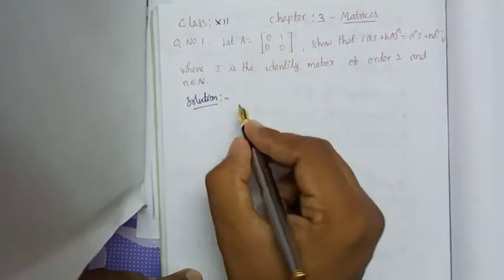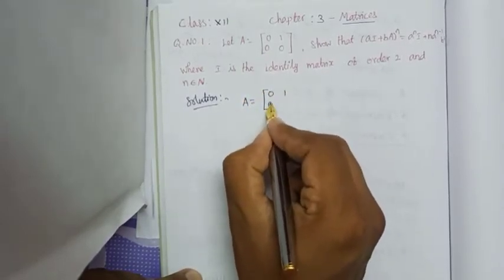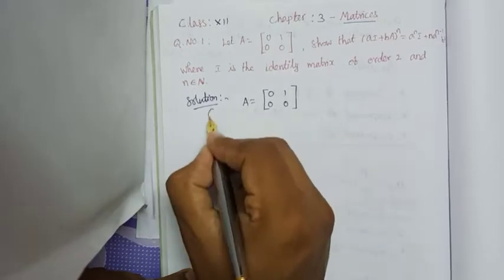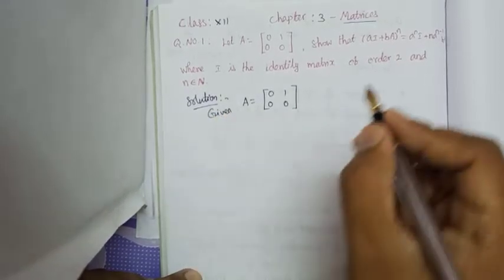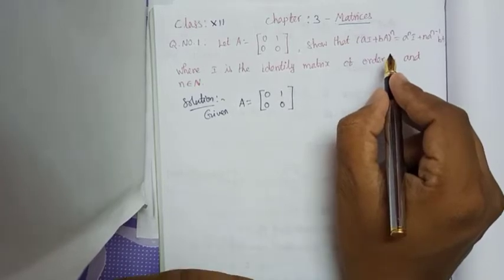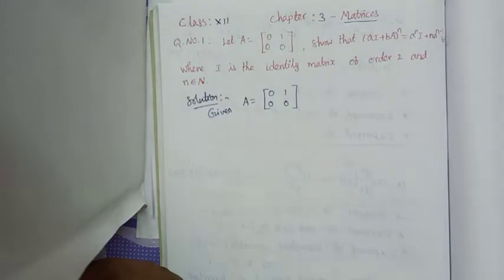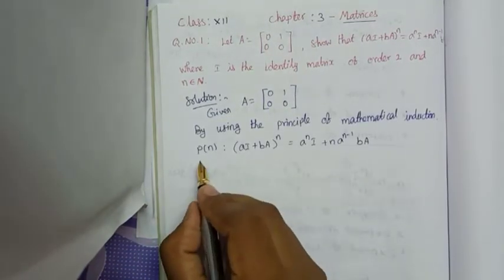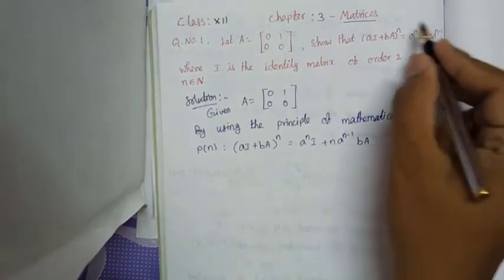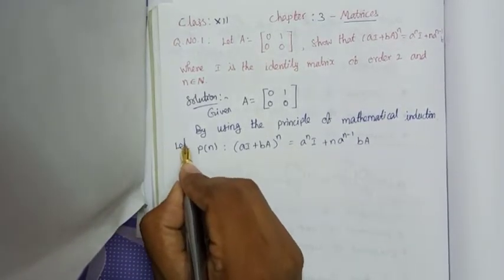we take A equal to [0, 1; 0, 0]. This is given. Then we prove the result using mathematical induction, that is, the principle of mathematical induction. We take P(n) as (aI + bA)^n, and this result we have taken.